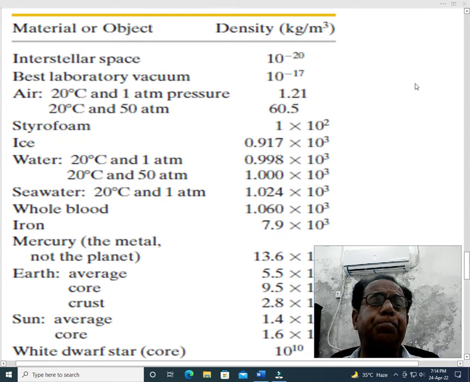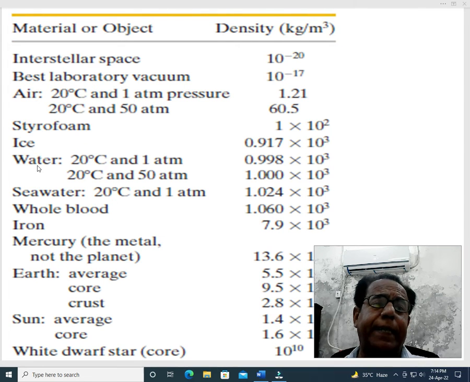Here it is given that water at 20 degree centigrade and 1 atmospheric pressure is 0.998 into 10 raised to the power 3 kilogram per meter cube, while the other density given is at 20 degree centigrade and 50 atmospheric pressure. This is 1.000 into 10 raised to the power 3 kilogram per meter cube.